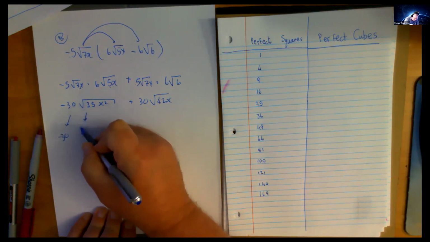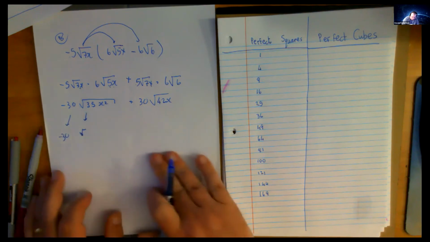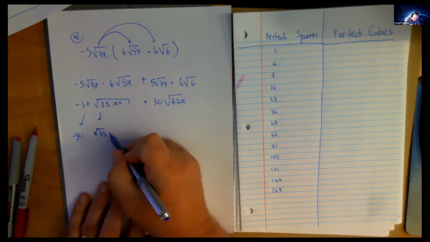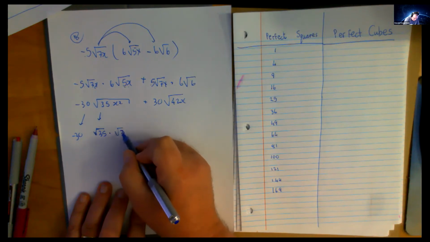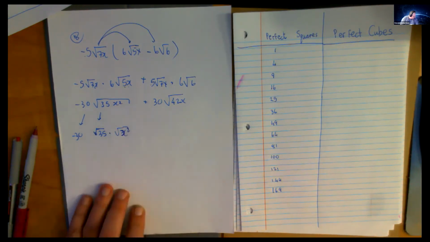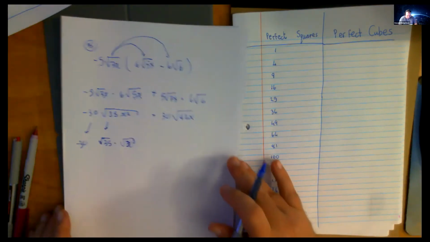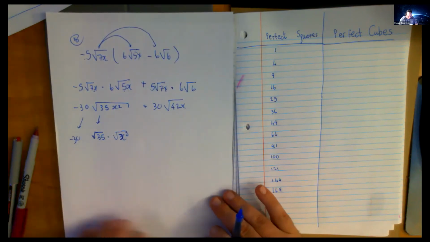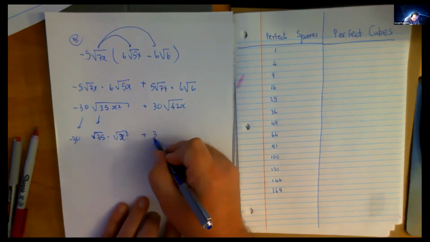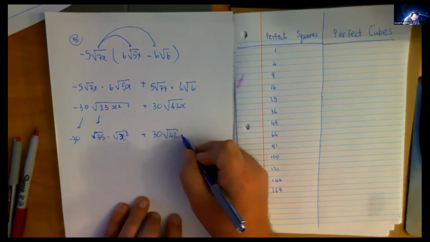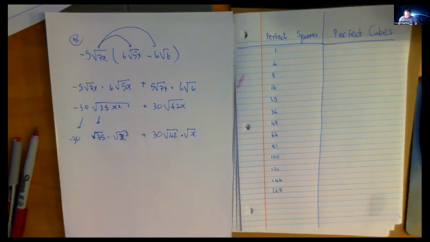I'm going to split this up as a square root of 35, followed by a square root of x squared. Plus 30 times the square root of 42, followed by the square root of x.